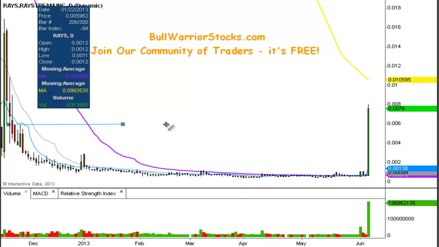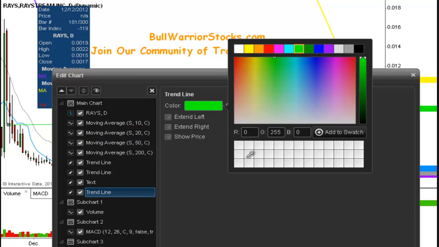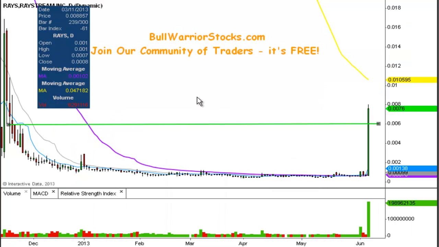So the first one that comes into play is this level right here, and this level is at 0059, 006, whatever you want to call it. So this will be the first level of support, and if we go back through the history, you can see that way back here it acted as a resistance a few times, acted as a support once, so we have some price history right around there.